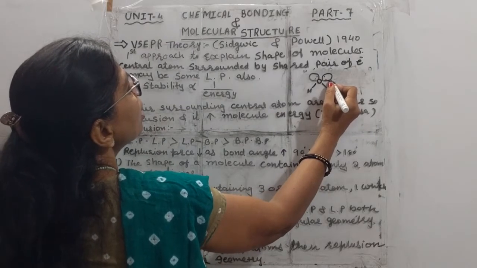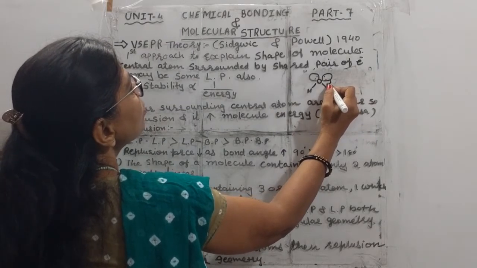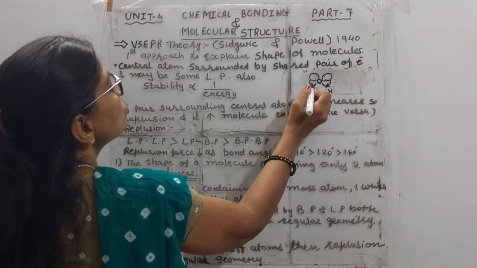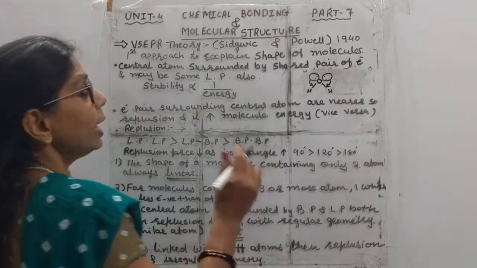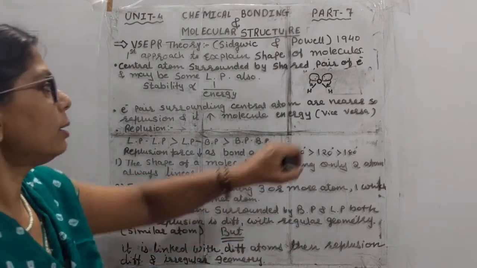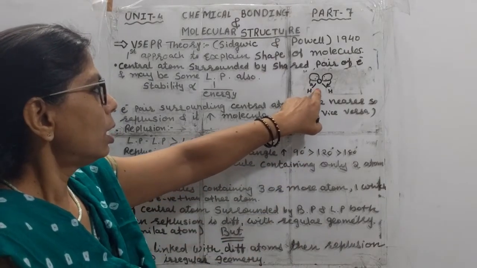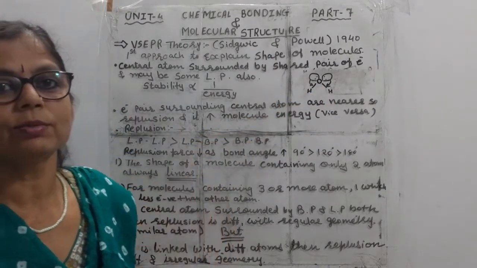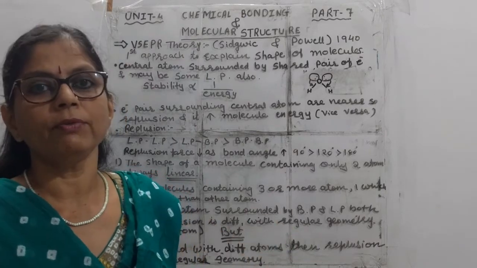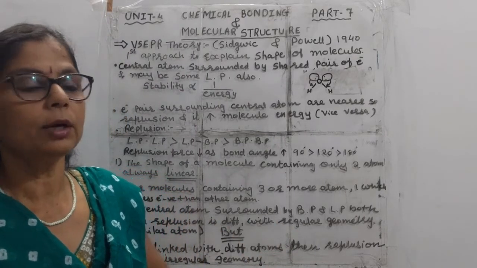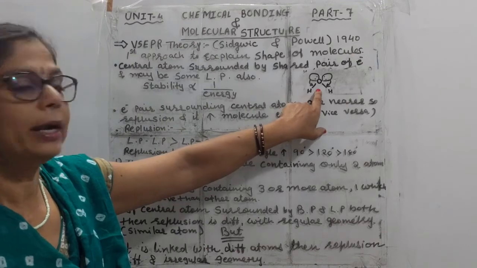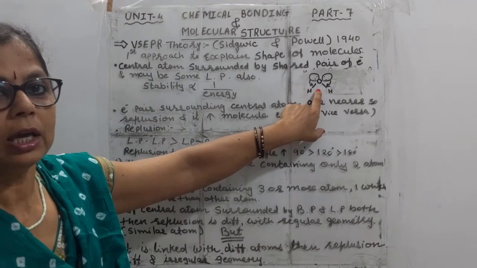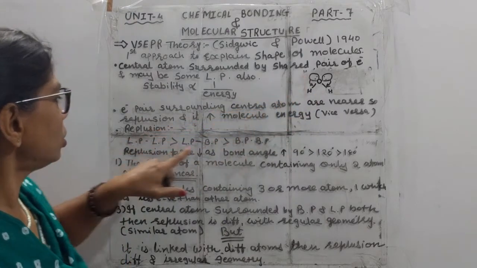So this lone pair tries to come towards this bond pair side, and this lone pair tries to come towards this bond pair side, and that's why the bond angle between HOH will decrease, and that's why I had explained you, I think in the previous video also. Here the bond angle is 104 degrees, students. So that is the reason here, and this will be clear to you.